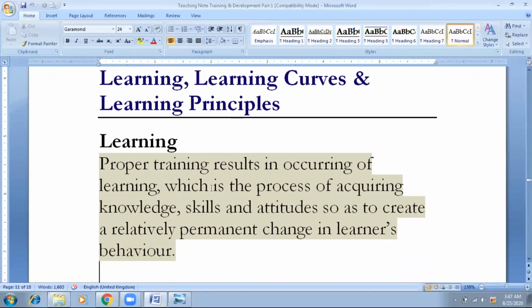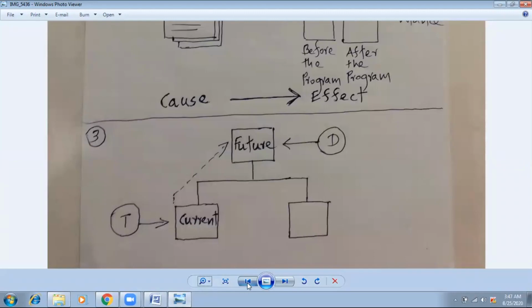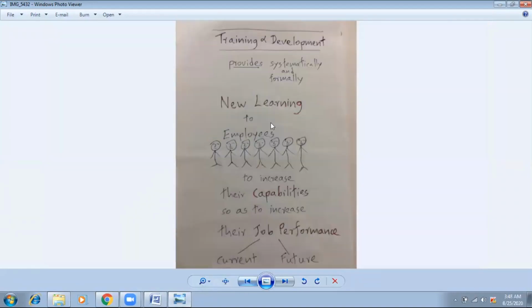Remember this: T&D provides systematically and formally new learning to employees to increase their capabilities. Because of new learning, they will increase their capabilities. Then increased capabilities will lead to increased current job performance and also increased future job performance.